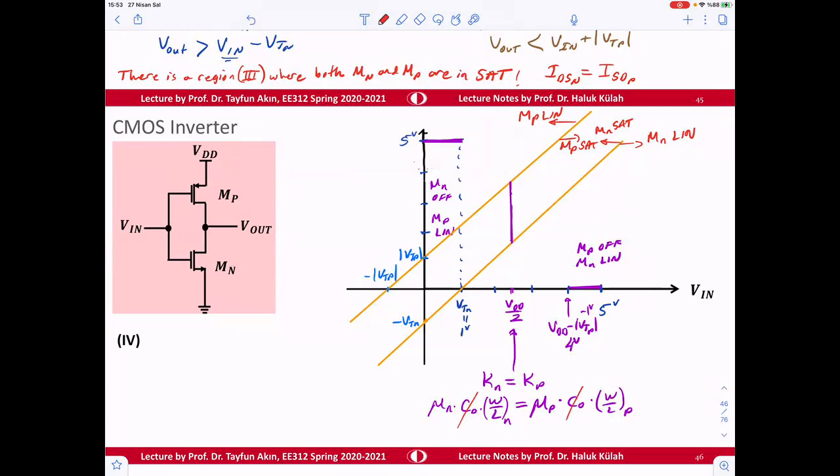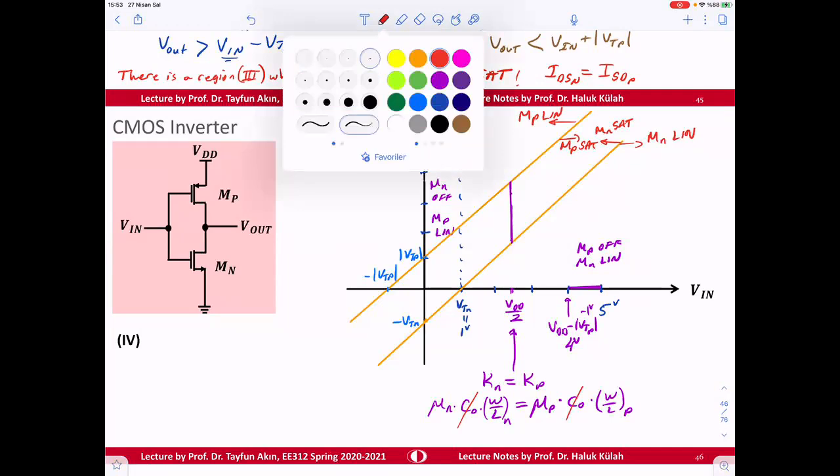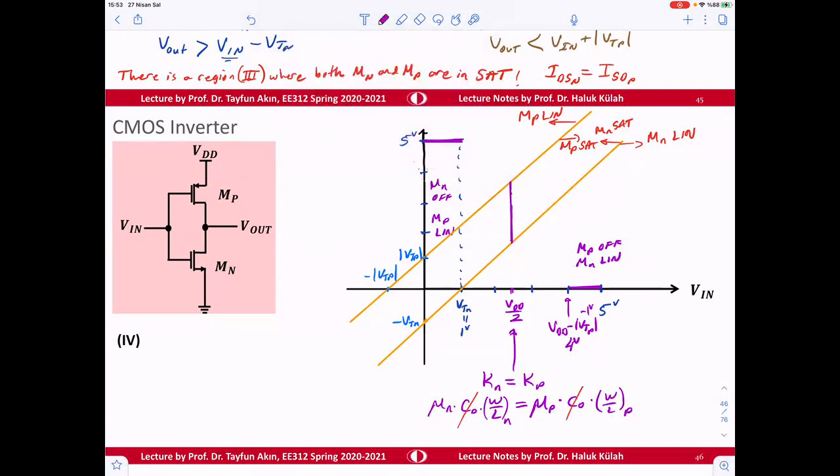As long as W over L of P is equal to mu n divided by mu P times W over L of N, then the transition is going to be at VDD divided by 2.